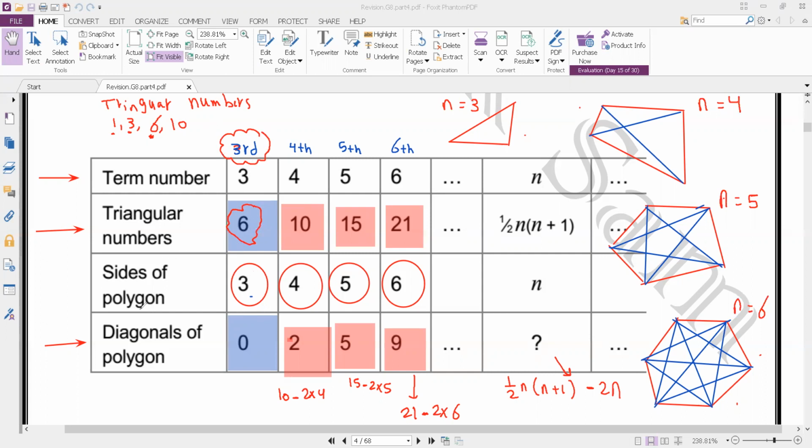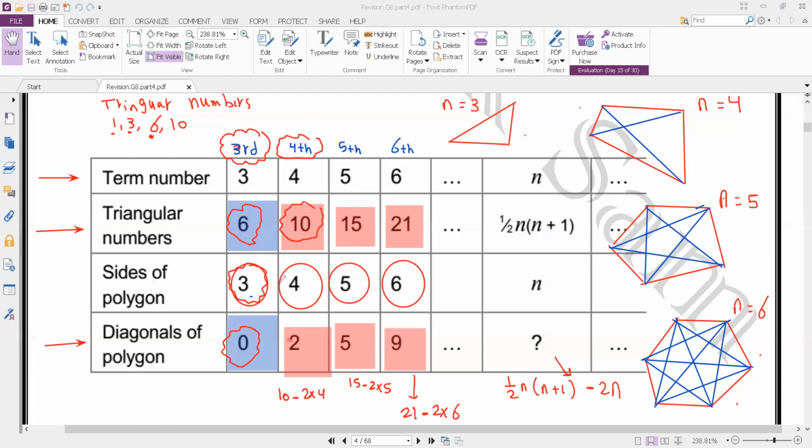What about the number of sides? If the polygon has 3 sides, this shape is a triangle. What is the number of diagonals? 0. Let's go to the next triangular number, which is the fourth term. The fourth triangular number is 10. What is the name of the polygon?